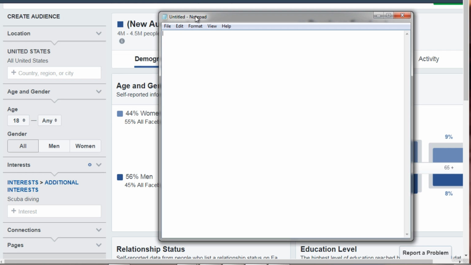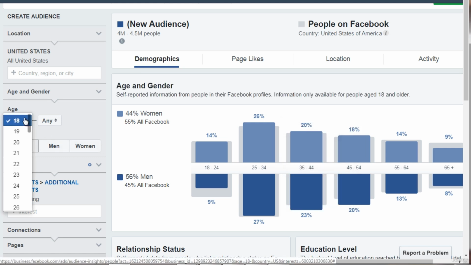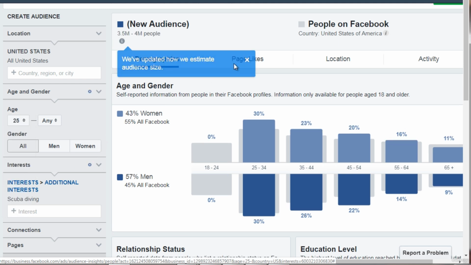So if we take a look at here, remember I started with any age and any gender, but we can see 55% of women on Facebook, 45% of men on Facebook. But we can see that in general, it seems like the most is men. But it does seem like it's 50-50, so we're just going to stick with both. Now, like I said, we see 25 to 34 as the age. So what I'm going to do is I'm going to do 25, like so.